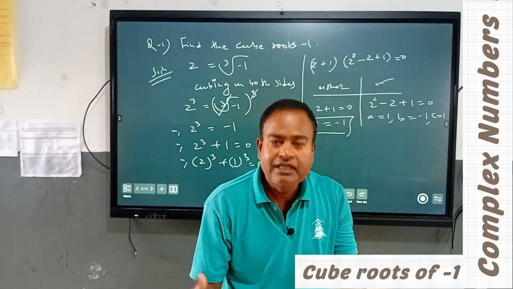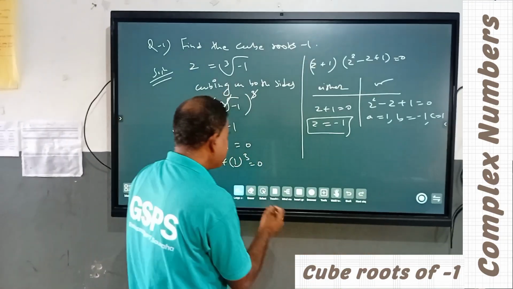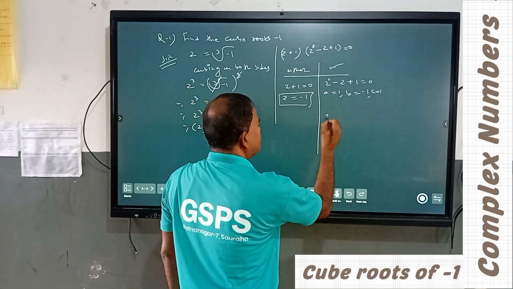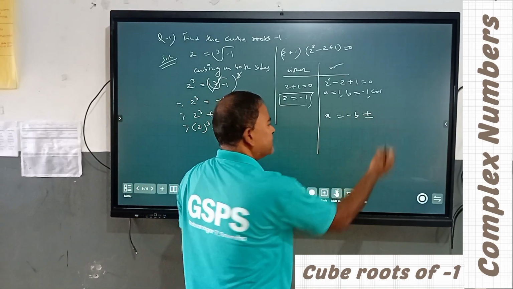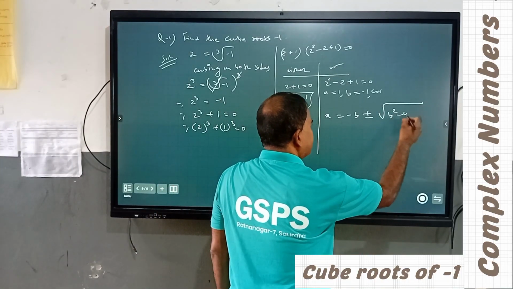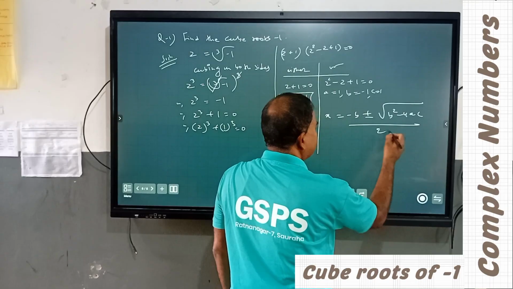So let's apply the quadratic formula: x equals minus b plus minus square root of b square minus 4ac, divided by 2a.